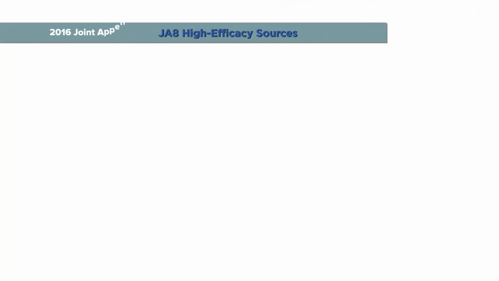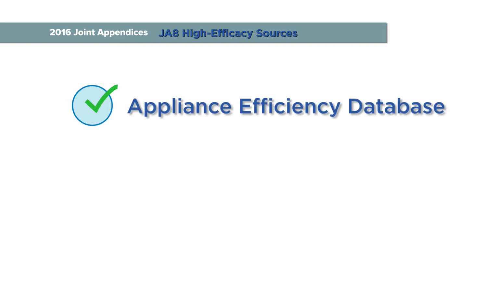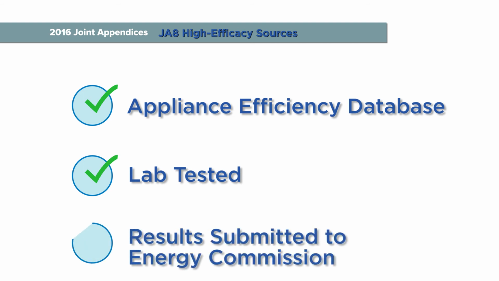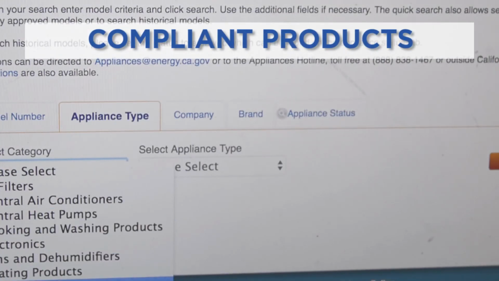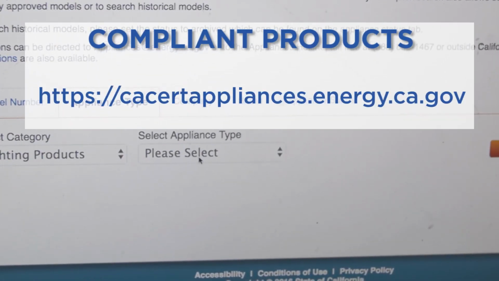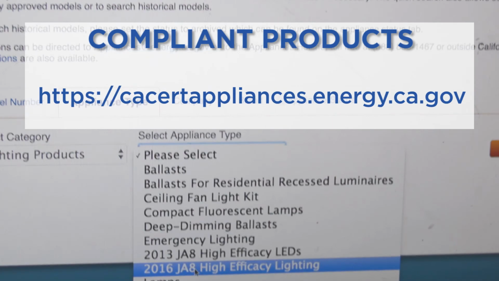JA8 compliant high efficacy light sources must be listed in the Appliance Efficiency Database. Manufacturers must test their products at accredited test laboratories and submit the results to the Energy Commission to certify that their product meets the requirements of JA8. A list of JA8 compliant products may be found at cacertappliances.energy.ca.gov.